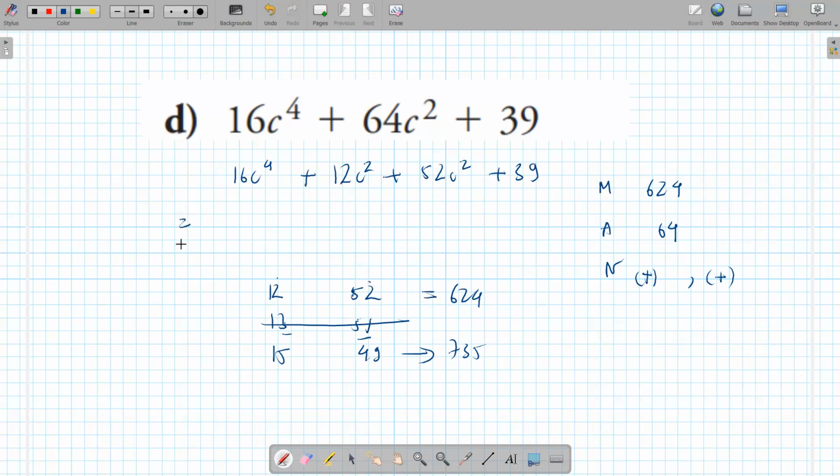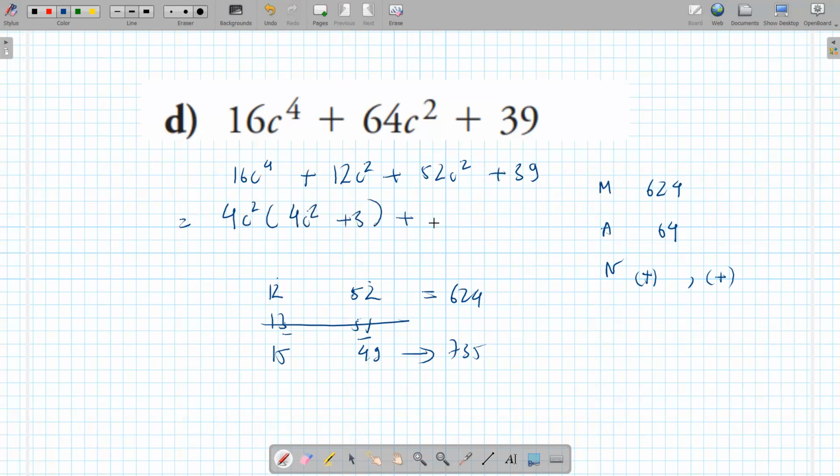From the first two, what can we pull out? Two. 4. Anything else? 4c squared would be the max. Then you're left with 4c squared here, plus 3.